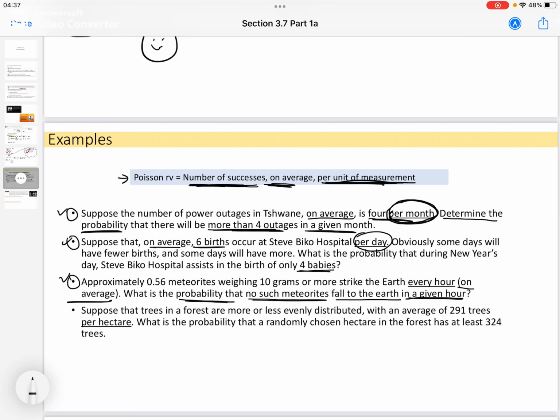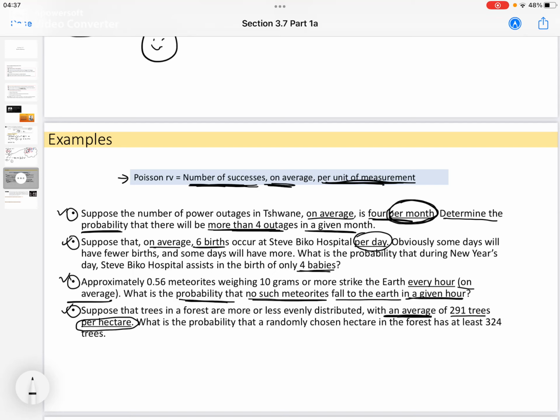All right? And then the last example says, suppose that trees in a forest are more or less evenly distributed with an average of 291 trees per hectare. Again, the word on average. So the fixed space that we're looking at here is per hectare, right?